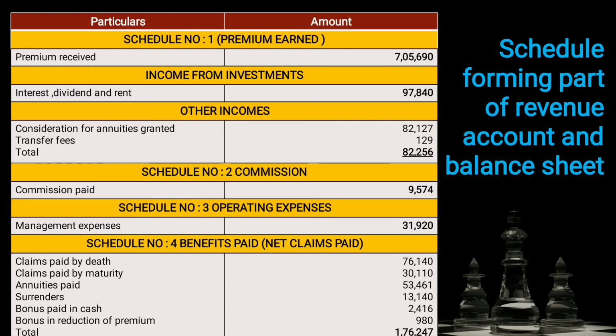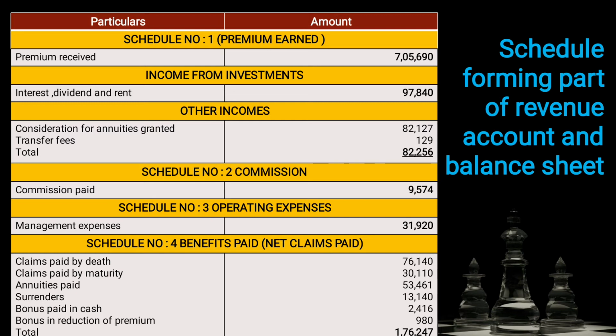And then if the company has received any other incomes from other activities, it has to be written on the schedule number 1 itself, but under the title of other income. See, you can see that consideration for annuities granted, transfer fees, these we are writing under other income. So we have to find out the total of these 3 things.